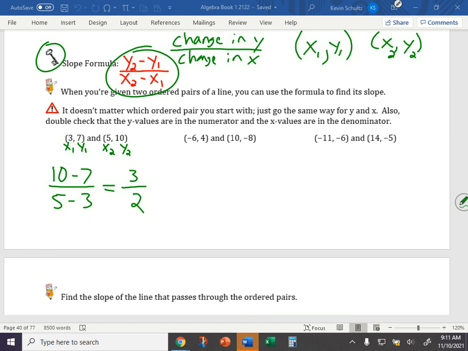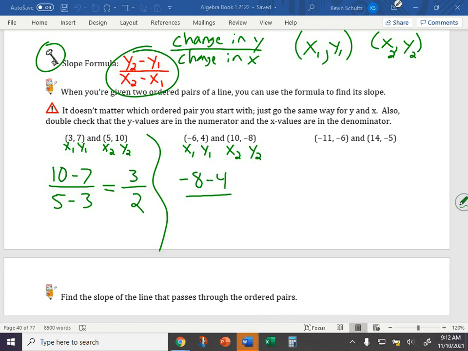Okay? Let's look at -6, 4, and 10, -8. Again, we're going to start by labeling these. First x, first y, second x, second y. And plugging these into the formula, y2 minus y1 is going to be -8 minus 4, right?